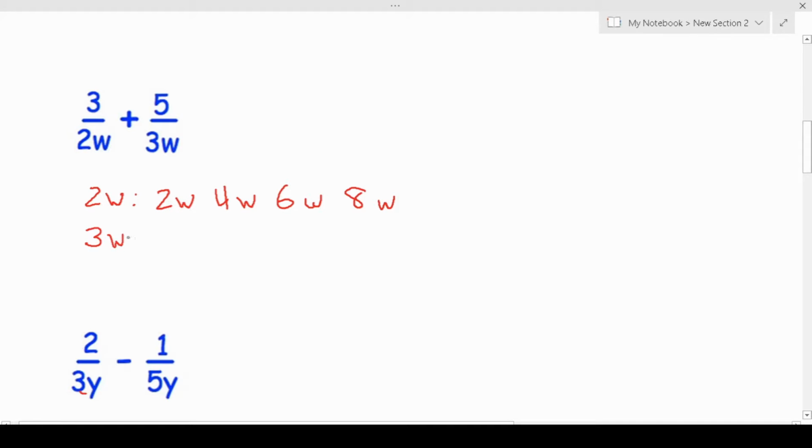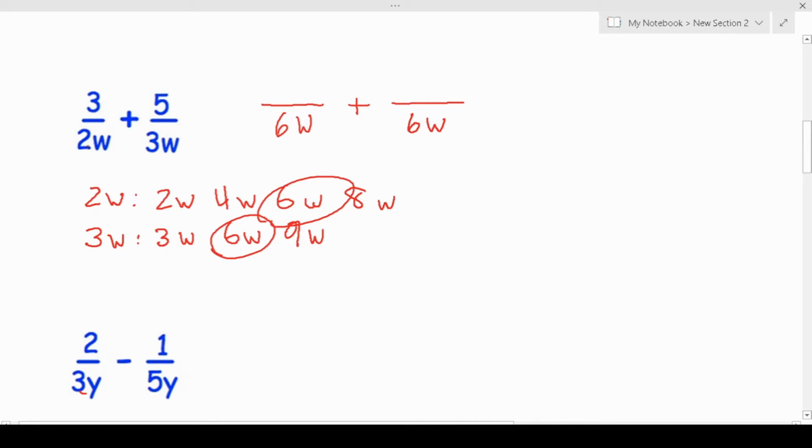Multiples of 3w are 3w, 6w, 9w, and so on. And as we can see, they have a common multiple of 6w. So in other words, we're going to write these algebraic fractions such that they're both over a common denominator of 6w. So let's go ahead and work on doing that.